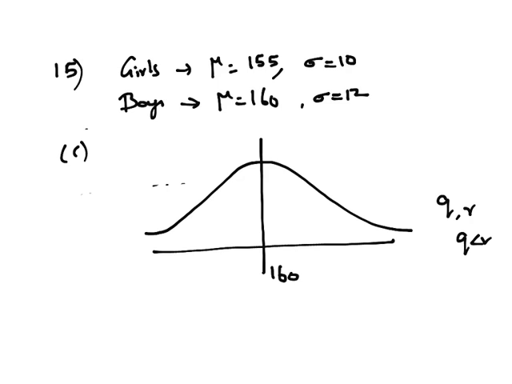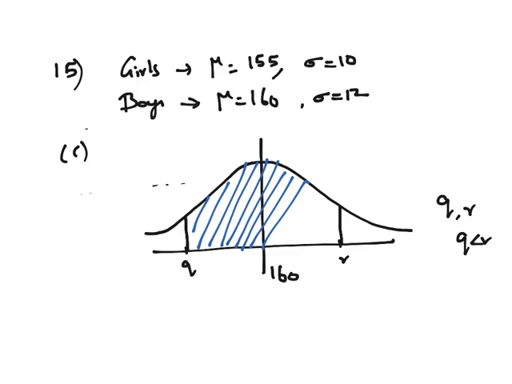So this is Q and this is R, and it is given that this area in between Q and R is 90%.